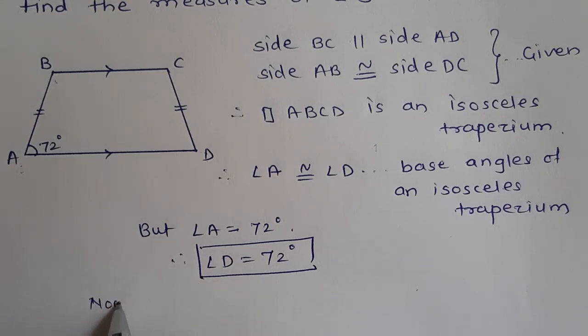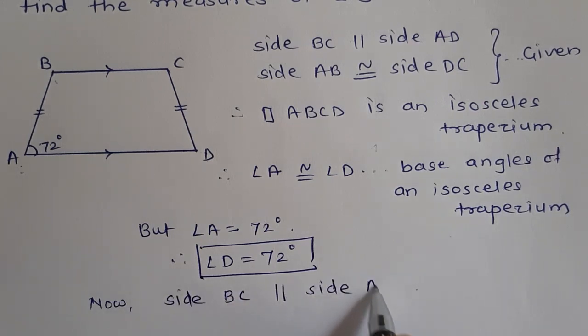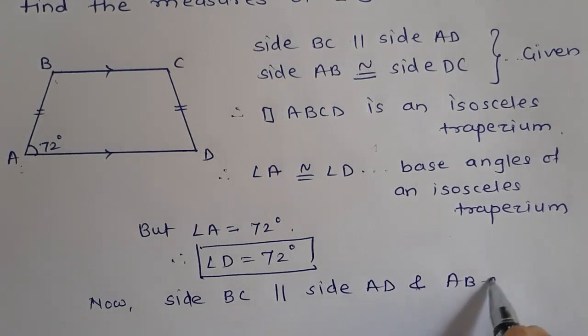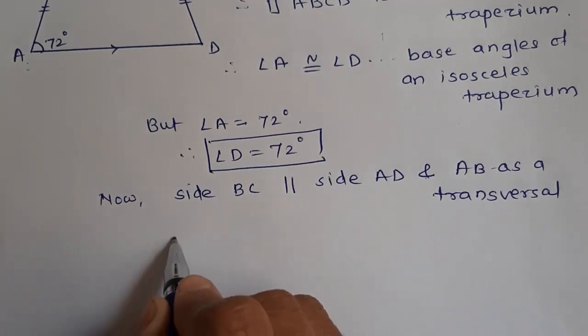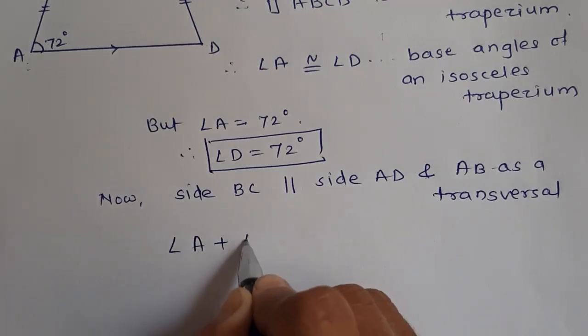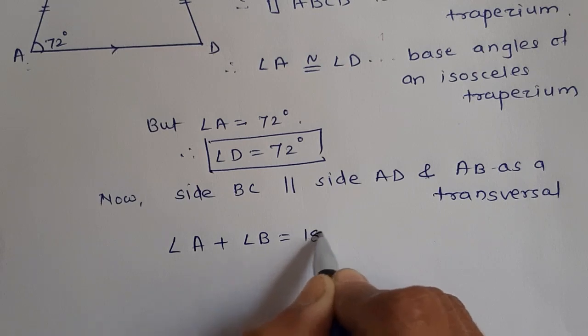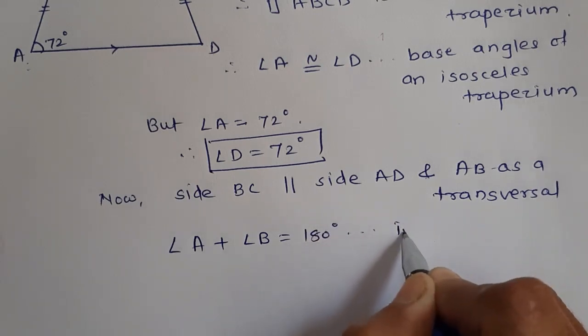Now side BC is parallel to side AD and AB is a transversal. Then angle A plus angle B equals 180 degrees, as they are interior angles.